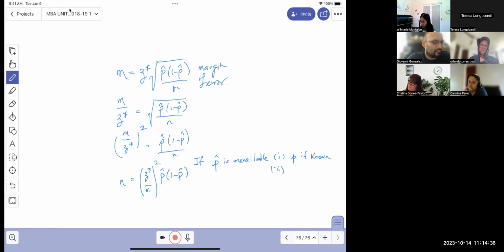If you had some previous sample, you could just try and use that one from an old sample. Or if you didn't have any information at all, and you didn't trust old information, use P equals 50%.